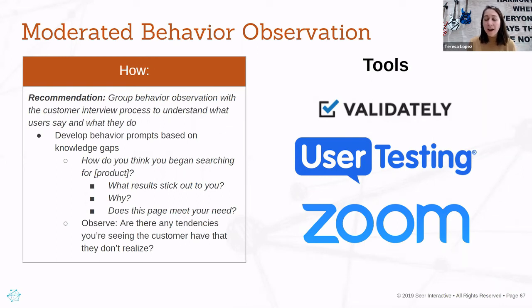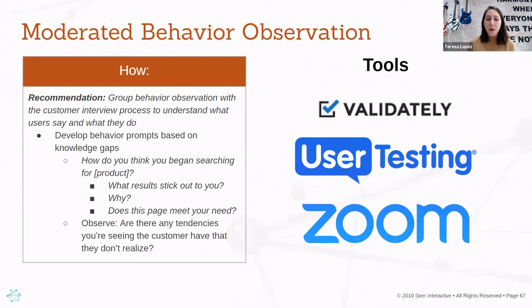And then asking why. That's really important to get to the bottom of what people are caring about. And then once they get to a result, asking, does this page meet your needs? Asking why or why not. It allows us to better understand not only their path, but what they like and don't like within those pages or the different content they encounter during their path, to really get a good sense of what's going on.